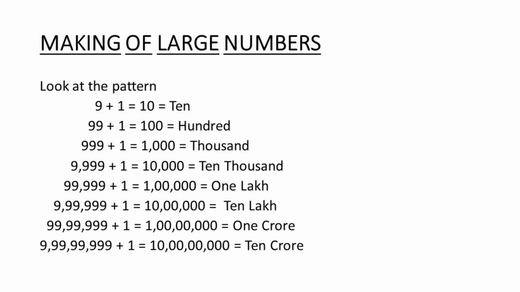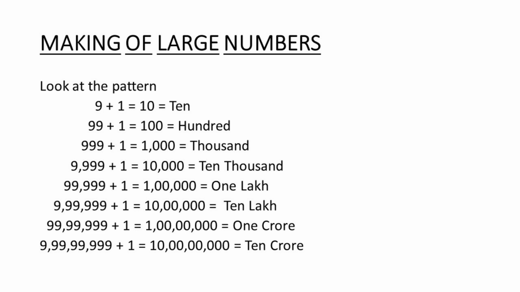Now again in the next pattern, we have taken a 6-digit greatest number, and when we add 1 to it we get a 7-digit smallest number, that is 10 lakh. Now in the next pattern, when we take a 7-digit greatest number and add 1 to it, we get an 8-digit smallest number, and that is 1 crore.